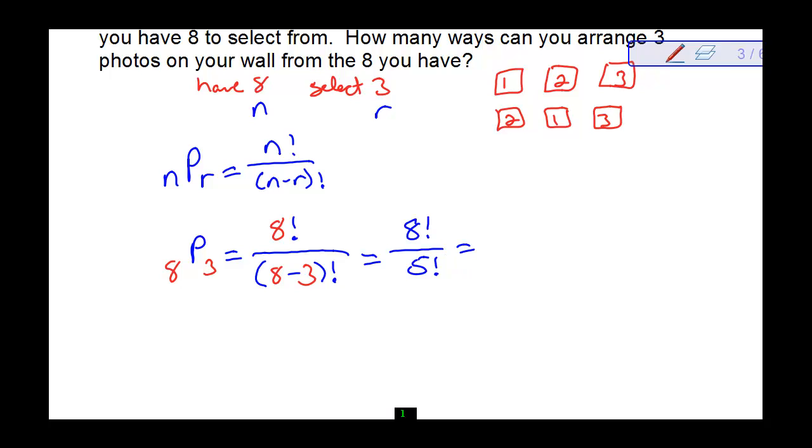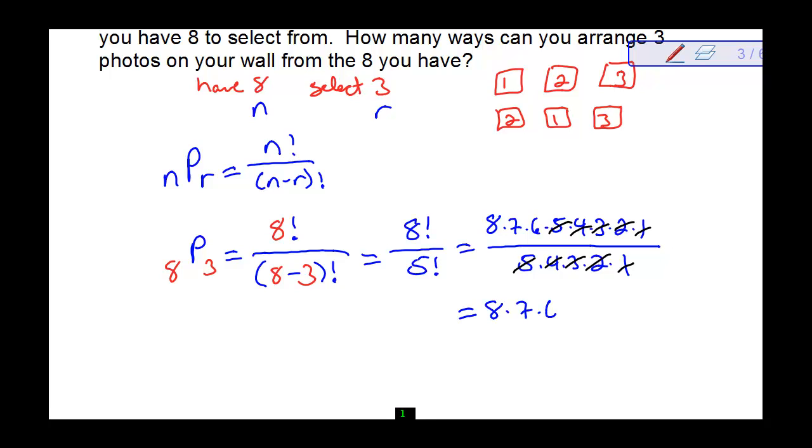Well, 8 factorial is 8 times 7 times 6 times 5 times 4 times 3 times 2 times 1. 5 factorial is 5, 4, 3, 2, 1. Whenever I look at this, my 1's can cancel out, my 2's, 3's, 4's, and 5's can cancel out, which is going to leave me with 8 times 7 times 6, which whenever I multiply that out is going to give me 336 ways.